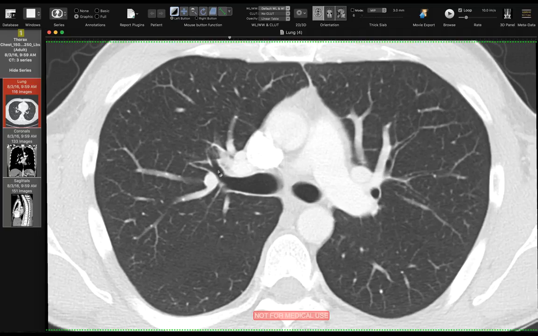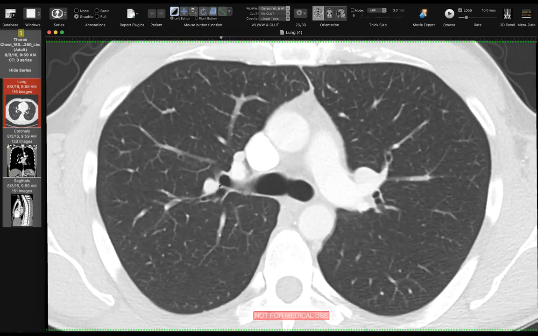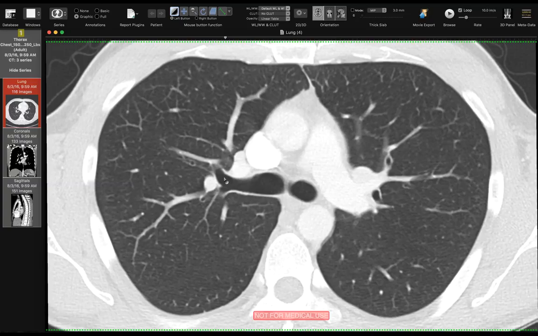And this one that goes anterior here is the anterior segmental bronchus. And then I'm just going to scroll back up a little bit. And you can see this one going posterior here. This is the posterior segmental bronchus. Okay, so we have the apical, the posterior, and the anterior segmental bronchi.